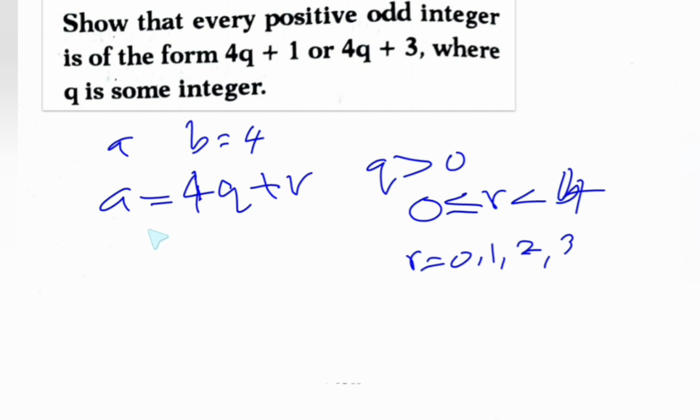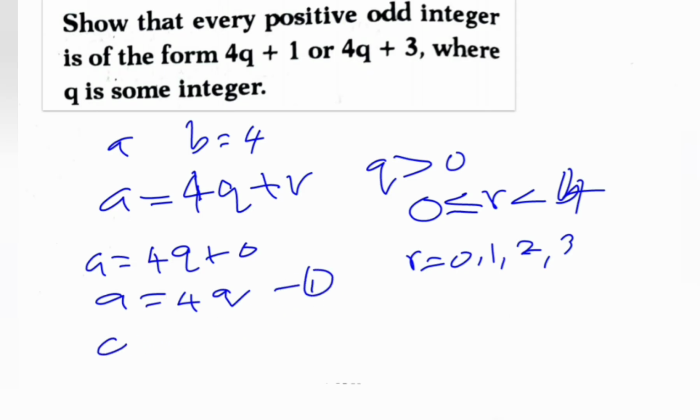So now apply in this equation: a equal to 4q plus 0 if r equal to 0, and this is a equal to 4q, the first one. The second one, a is equal to 4q plus 1, this is number 2 if you take r equal to 1.